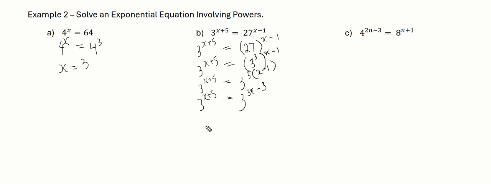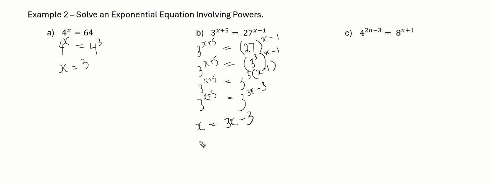And so now the bases are the same, so now I can drop the base, because they're exactly the same, and just write out the exponents. x plus 5 equals 3x minus 3. And if you rearrange the equation around, let's bring this 3 to that side and this x to this side.